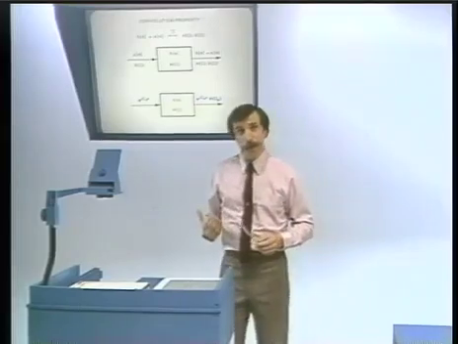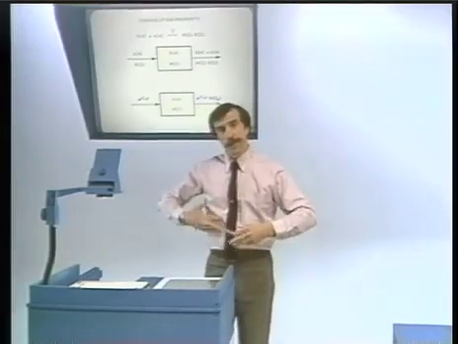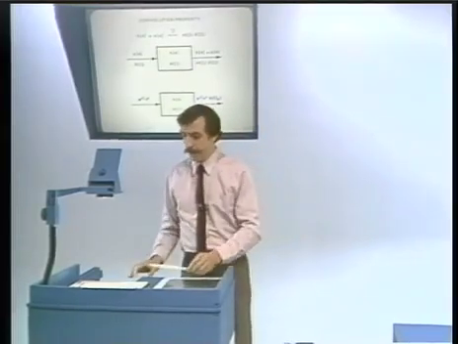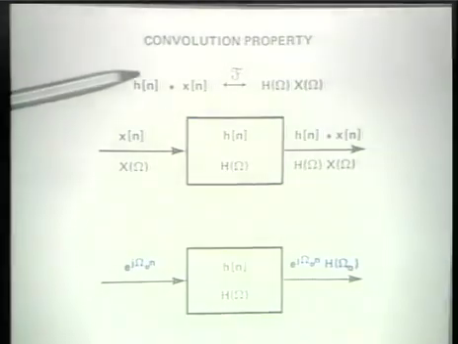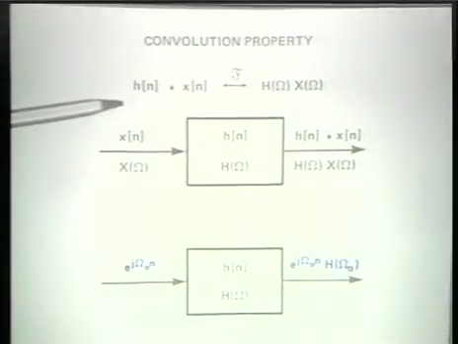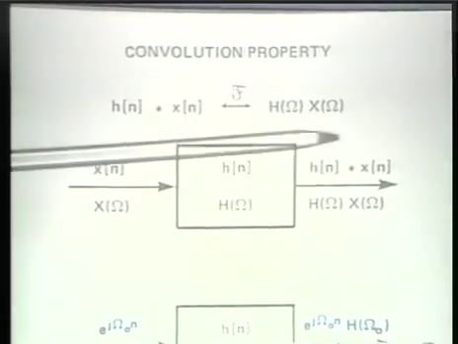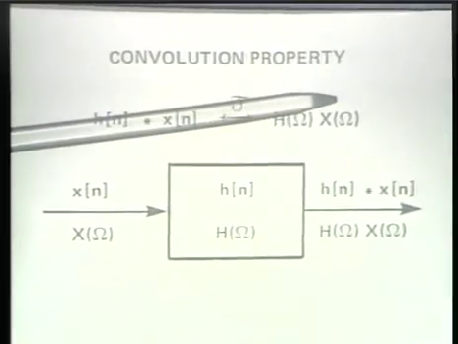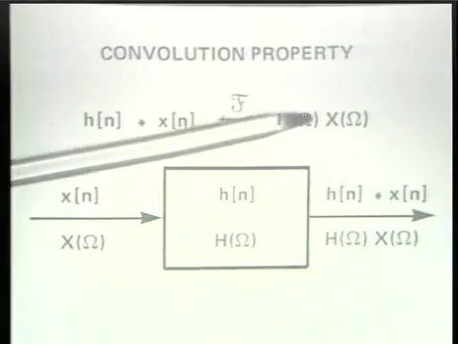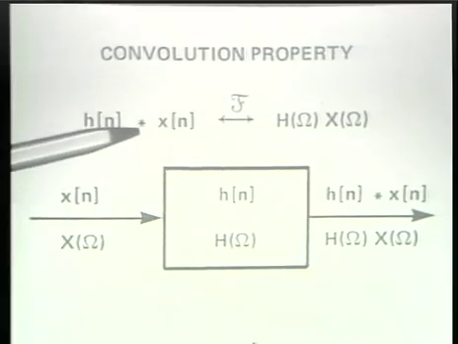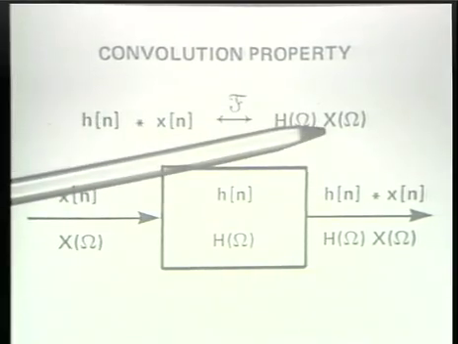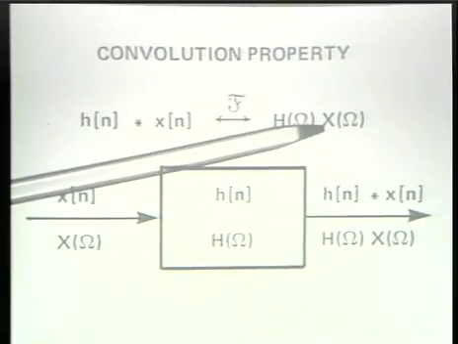And not surprisingly, and this can be demonstrated algebraically, the Fourier transform of the convolution is simply the product of the Fourier transforms. So Fourier transform maps convolution in the time domain to multiplication in the frequency domain.